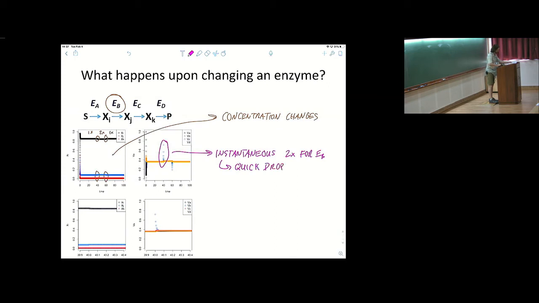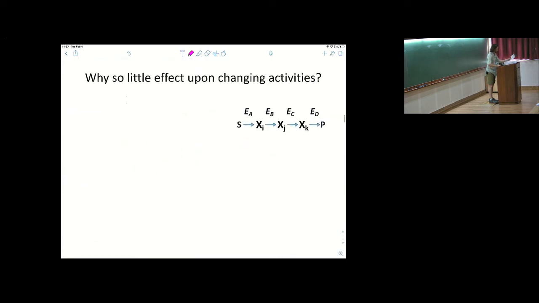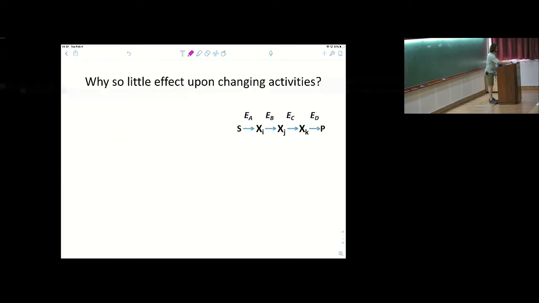All right. So why so little effect? You doubled the enzyme, why do you only get this 5% effect? That seems really depressing. And that's with only 4 enzymes. Any thoughts?